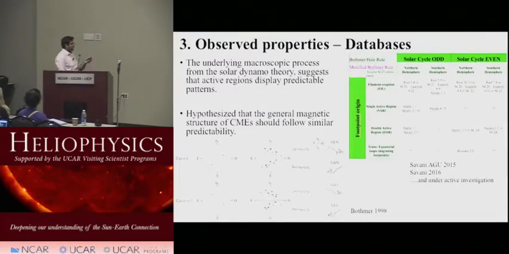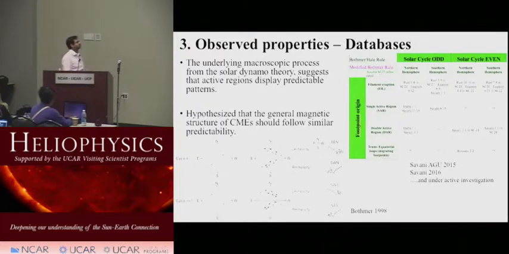It is an idea driven by something Volker Bothmer alluded to back in 1998: that CMEs should have a magnetic characteristic that is somewhat predictable, driven by the underlying solar dynamo theory.